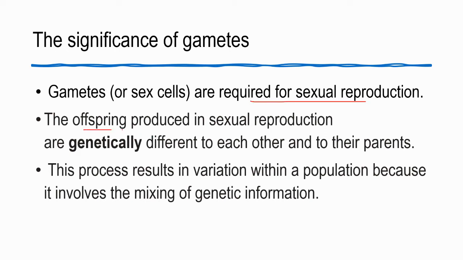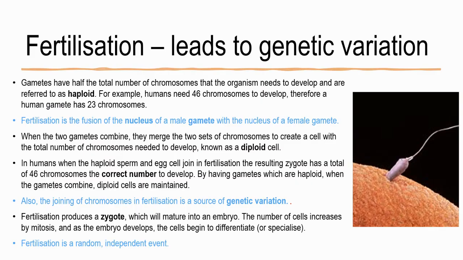The offspring produced in sexual reproduction is genetically different to each other and different to their parents. And this results in variation within a population because it involves the mixing of genetic information. So the offspring have different DNA to each other and different DNA to their parents. So fertilization leads to genetic variation.